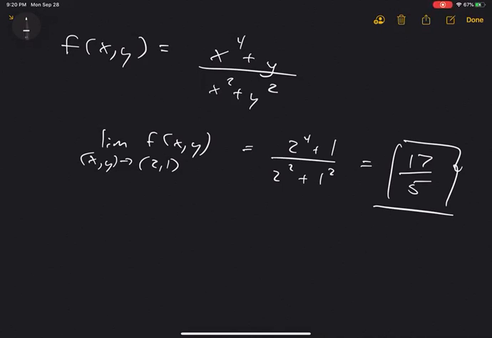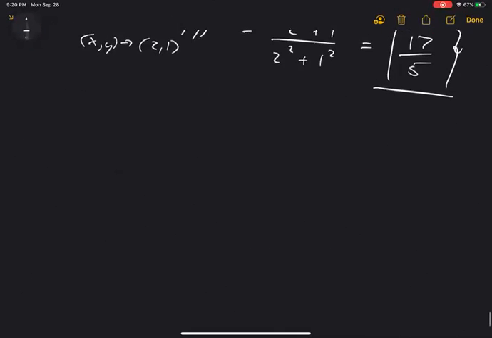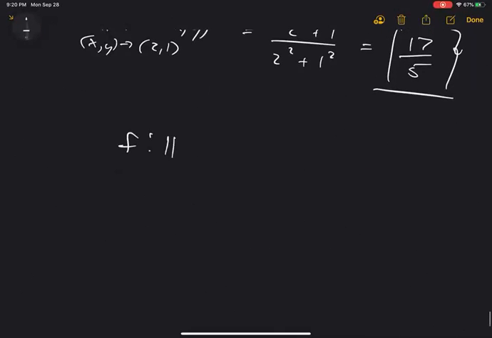The rest of the chapter talks about really the same topics in multiple dimensions. I already discussed from the beginning how we can extend all these ideas to multiple variables, like higher dimensions than 2, when I have f from R^n to R, not just R^2 to R. That's what the remainder of the section talks about.